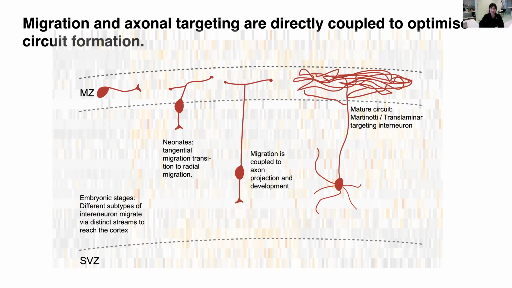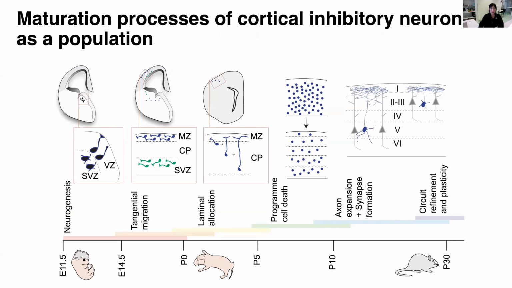The second thing this data set tells us is that when we look at maturation as a population, we actually miss a lot of information, because this kind of scheme is what you see classically in the textbook, where a neuron is born, it migrates, it goes to its laminar location.